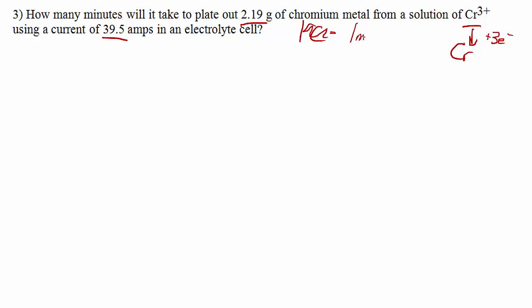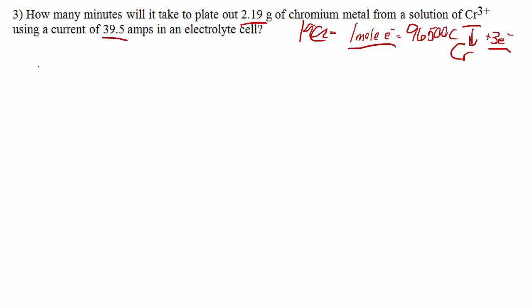I know that 1 mole of electrons has a charge of 96500 coulombs. That's the conversion, 96500 coulombs for each mole of electrons. So I know I'm going to need 3 moles of electrons for each mole of chromium.